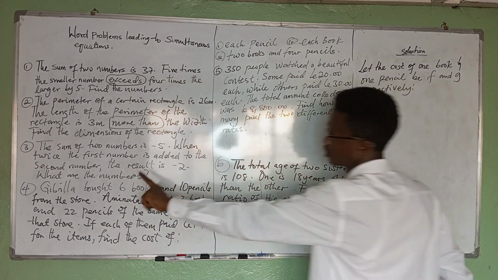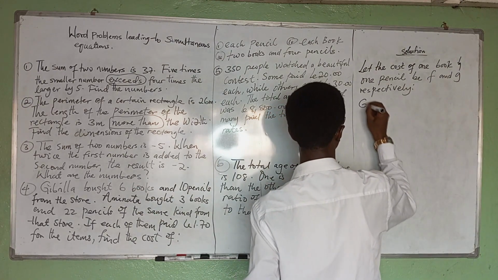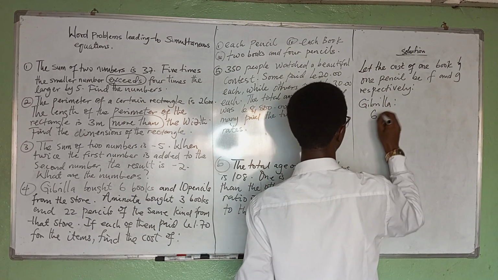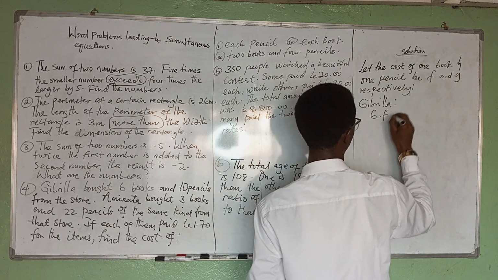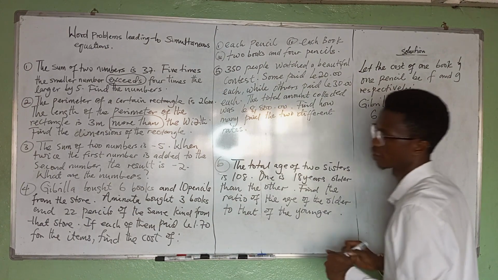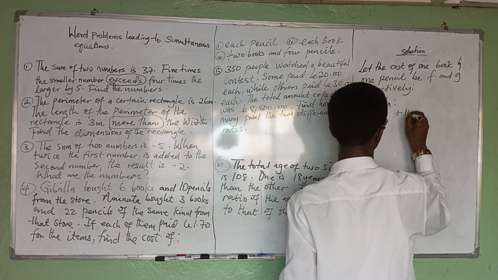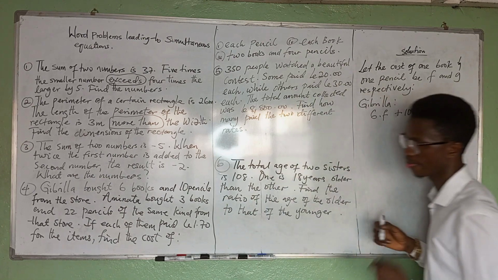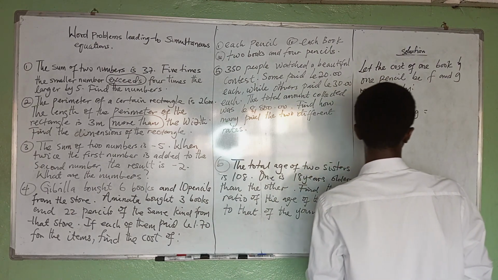It says Jibrila bought 6 books. Books now, the cost is F multiplied, and 10 pencils. So that's 10 multiplied by G, and each of these items, the total cost is 1.7 million.